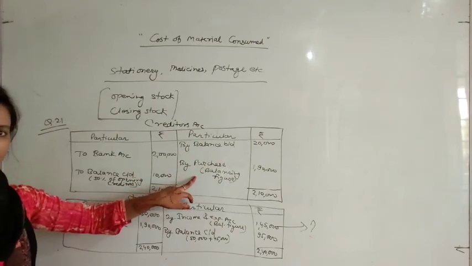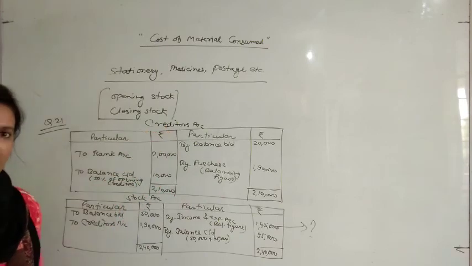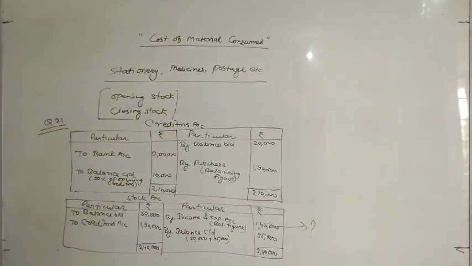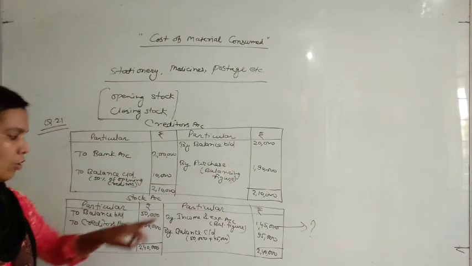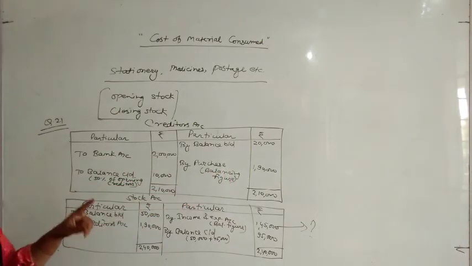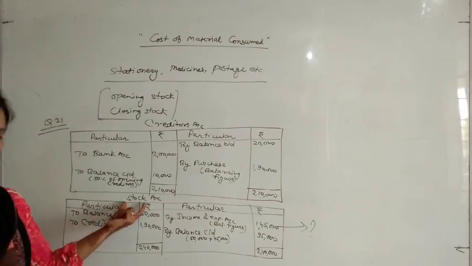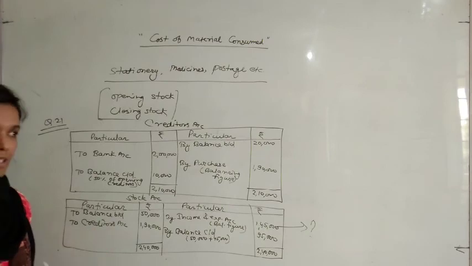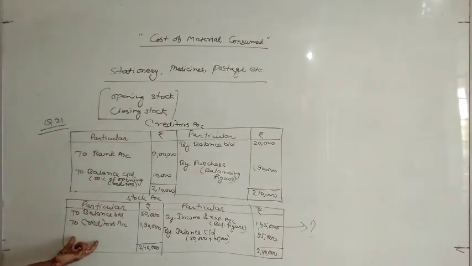This purchase will always be credit purchase because creditors are here. Cash purchase will not be shown in this account. The purchase will also be shown in the stock account, and the credit purchase is written there. Suppose there is a cash purchase in the question, then we will show it here as to cash purchase.